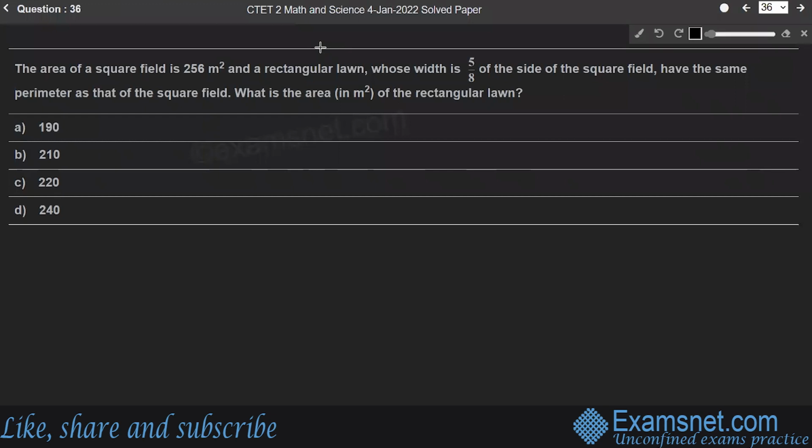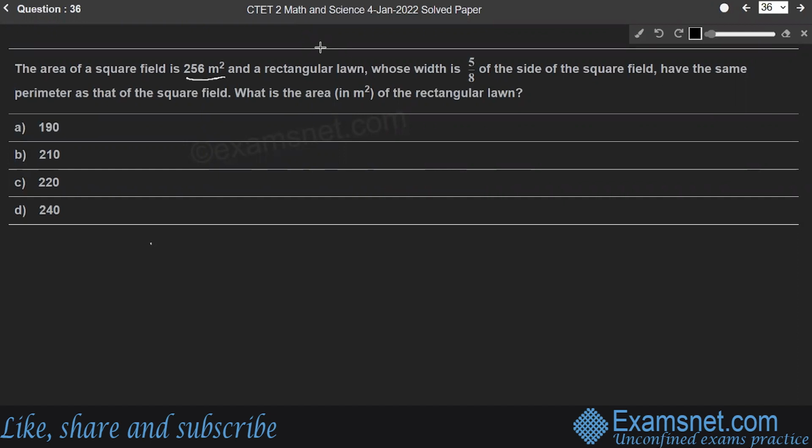Question number 36. The area of a square field is 250 meters square and a rectangular lawn whose width is 5 by 8 of the side of the square field have the same perimeter as that of the square field. What is the area of the rectangular lawn?